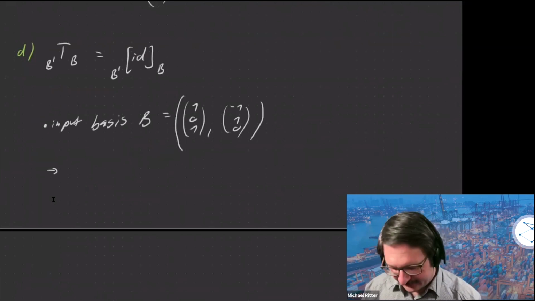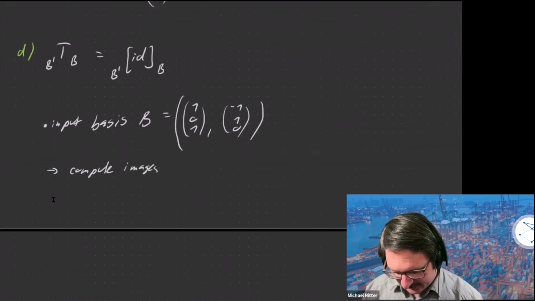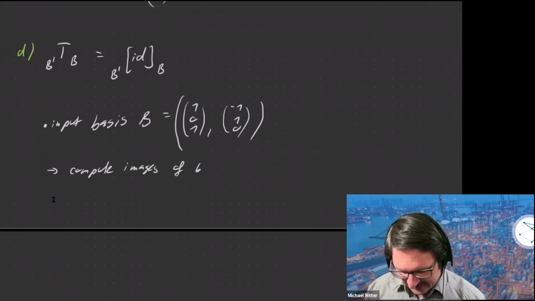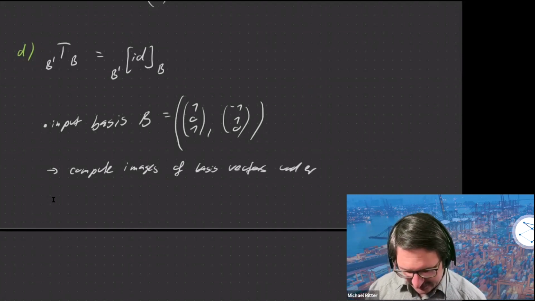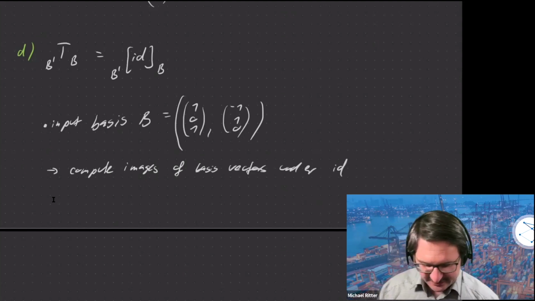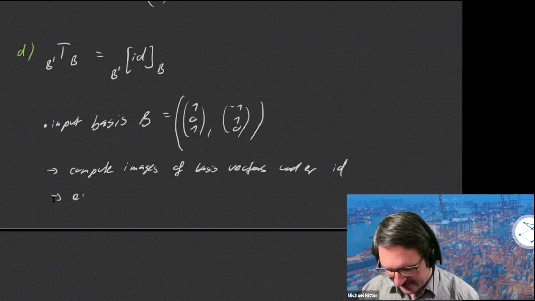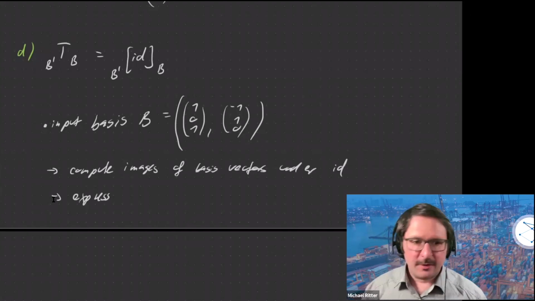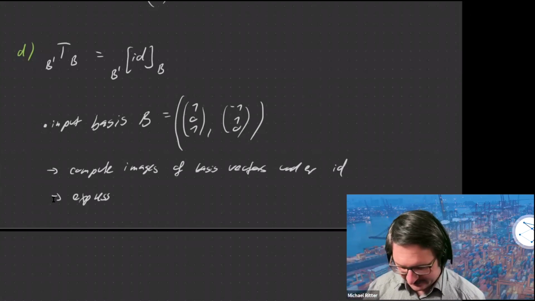And what we do is we compute the images of the basis vectors under the linear mapping, in this case, under the identity. And then we express them in B prime coordinates.